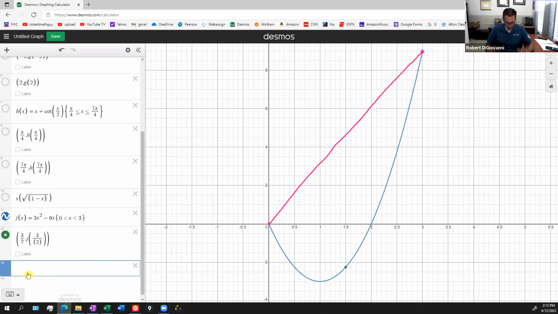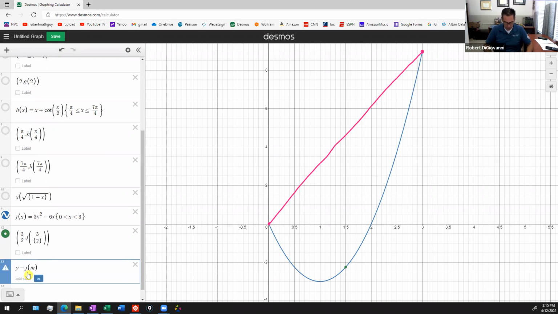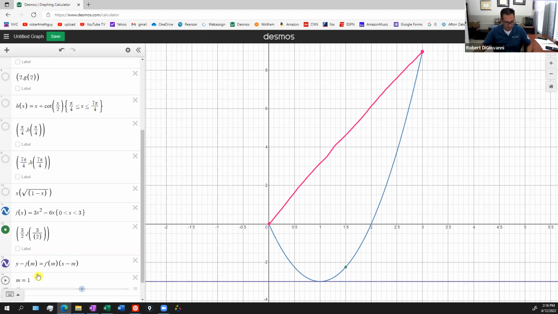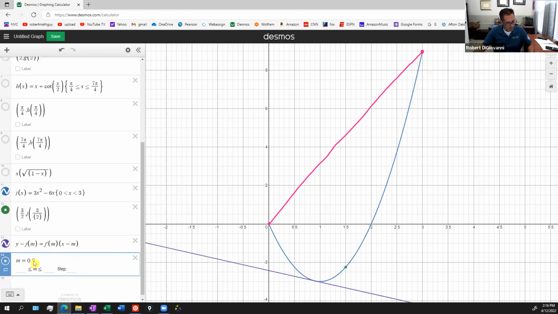Let me think for a moment. Okay, y minus j of m equals j prime of m times x minus m, slider m. So here I have it doing my tangent line for me.